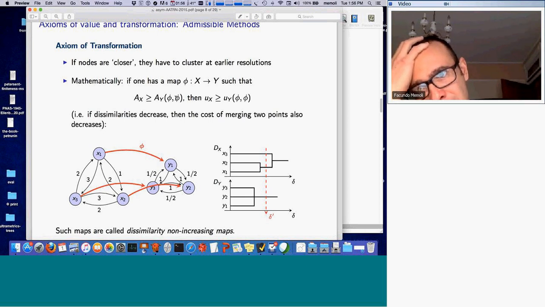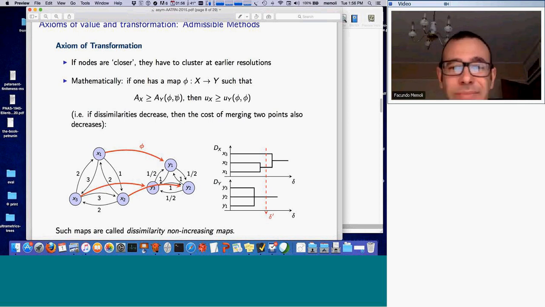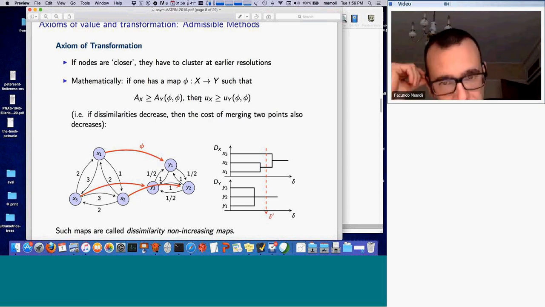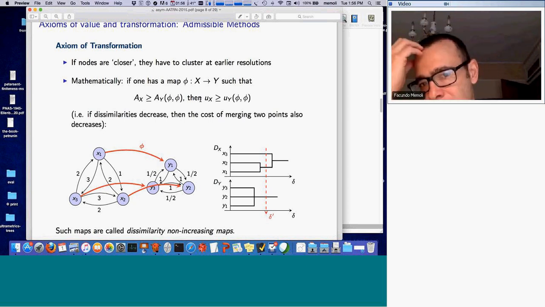It's natural to try to impose this, because you're moving from networks into ultrametric networks. Ultrametric spaces are also networks; they satisfy all the conditions you need to induce a network. So you can apply the method again to the output of the method itself, computing h squared of some network.